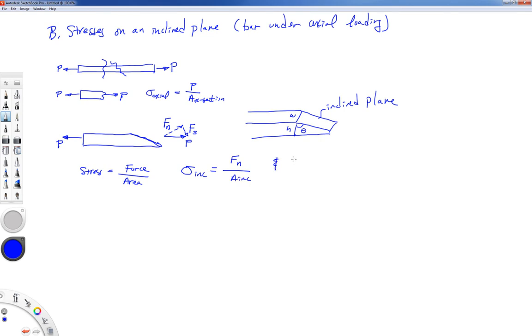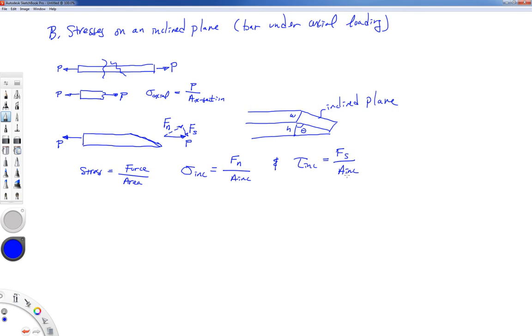Likewise, the shearing stress on the inclined plane is going to be equal to the shearing force divided by the area of the inclined plane. So we really need just two things to work all of this out. We need to figure out how to break the force up into components, and we need to figure out how to compute the area of the inclined plane.